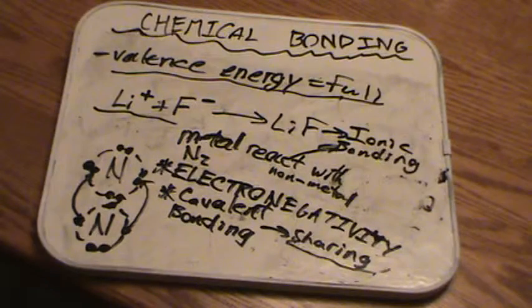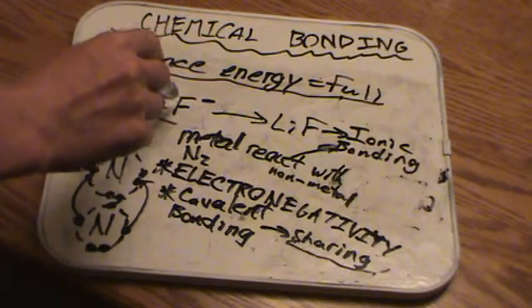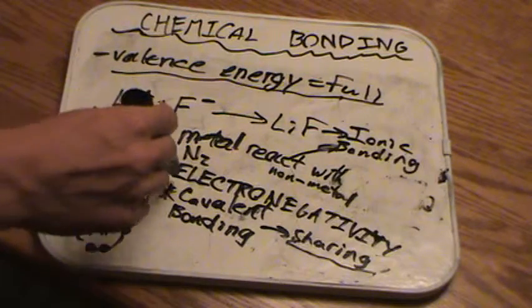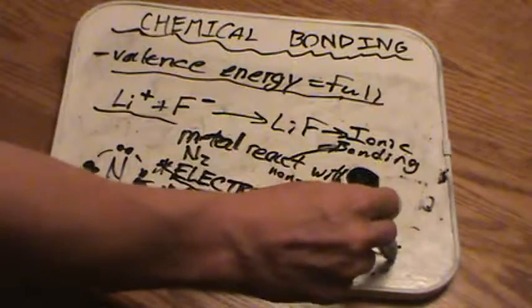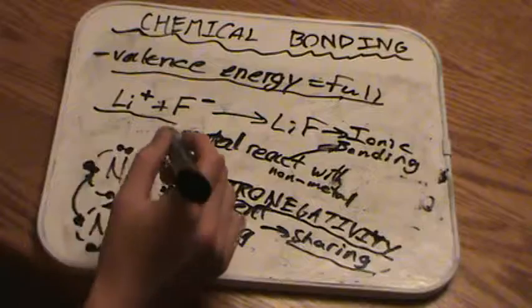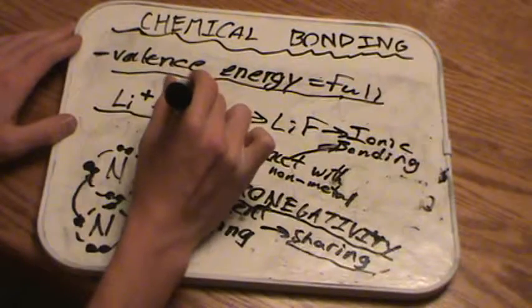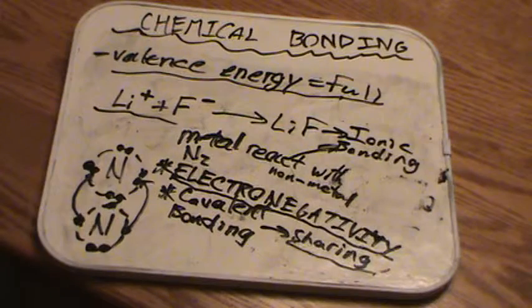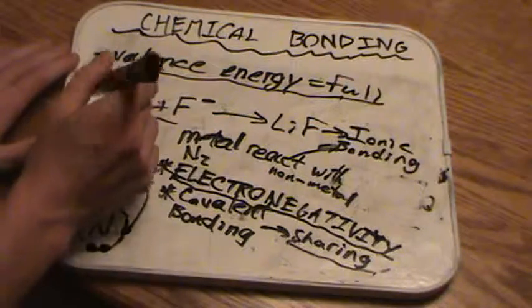Whereas if fluorine wants the electrons way more than lithium, which is the case in this electronegativity concept, which is measurable by this thing called the Pauling system, by the Pauling measurement system, this fluorine wants the electrons way more, so it will take away the electron from the lithium atom, and it will leave the lithium atom as an ion, a positive ion, and that is how these guys will bond.